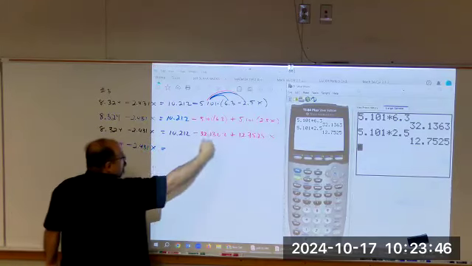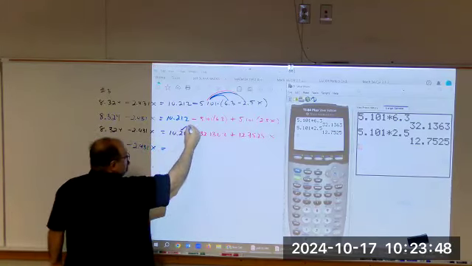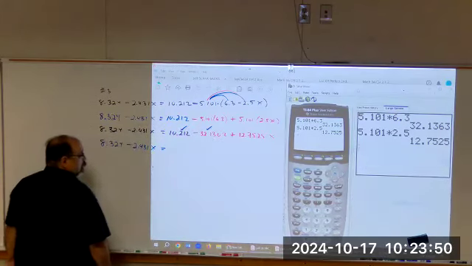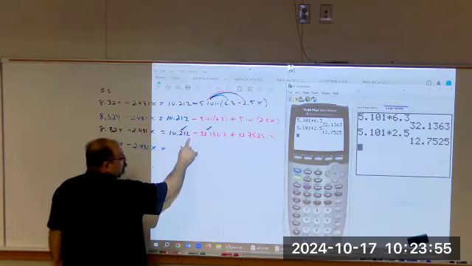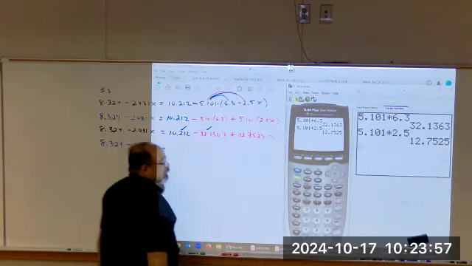But on the right-hand side, you can actually do that subtraction. 10.212 minus 32.1363.